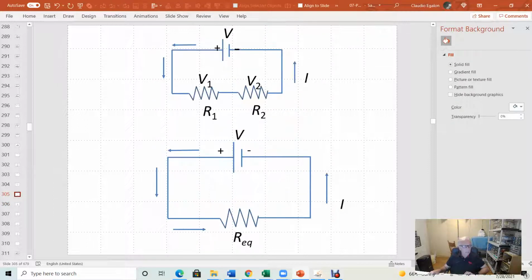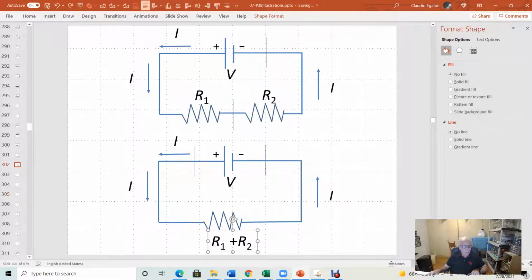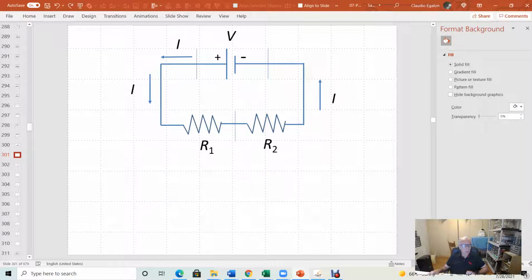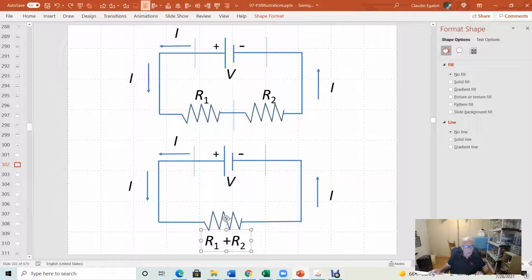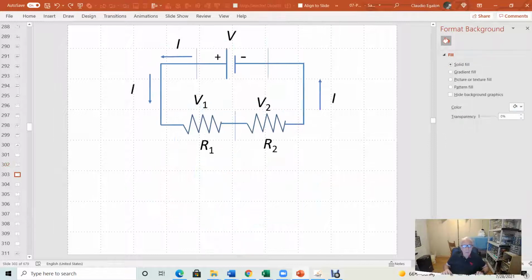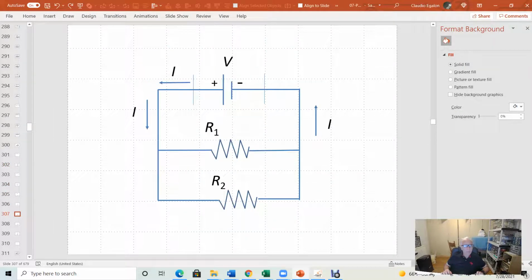Let me copy and paste. Circuits in parallel. Choose your circuit.